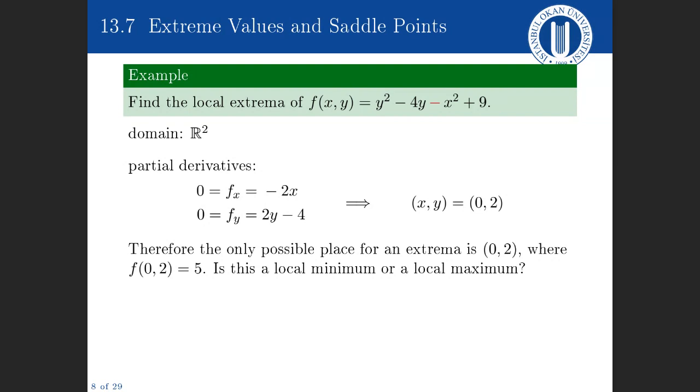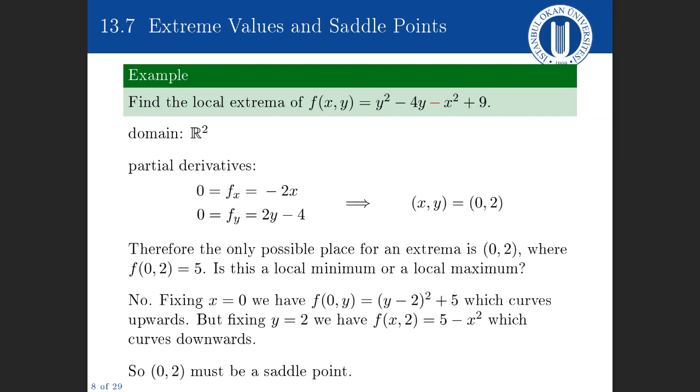Is it a local minimum? Is it a local maximum? The answer is no. First of all, what happens if we fix x equal to 0 and we let y change? Then we have (y minus 2) squared plus 5.